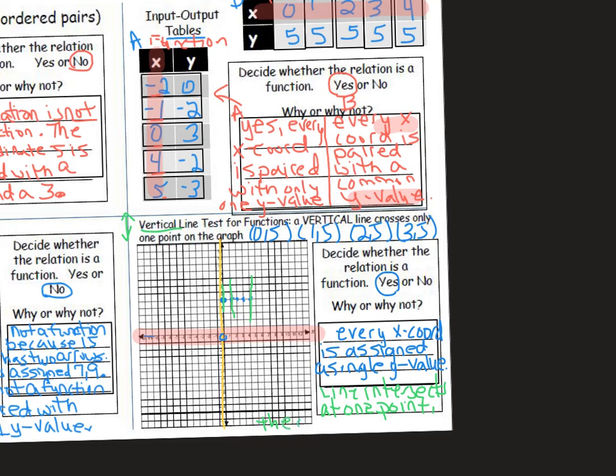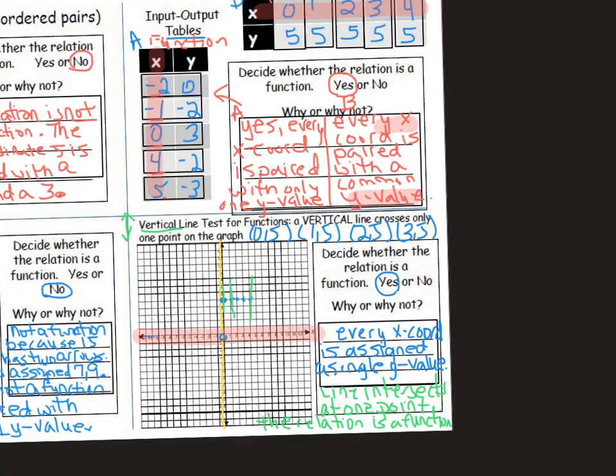So I'm going to write that down. The relation is a function. It meets the definition of a function, okay? The vertical line test: if it intersects only one time, it is called a function.